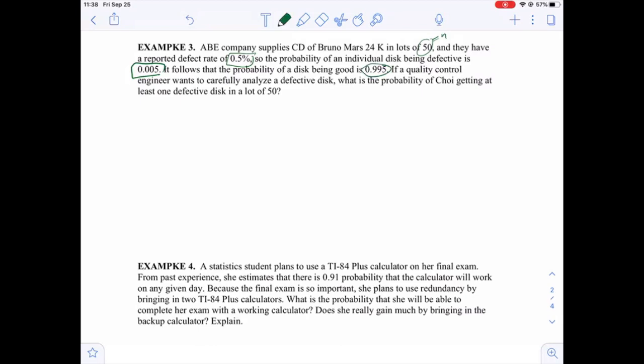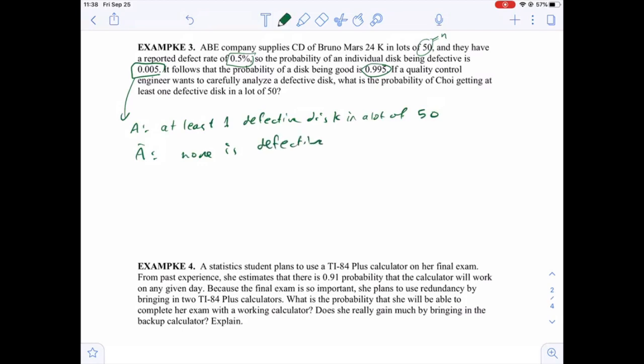Because this is the probability of A, if we want to define A first, A is at least one defective disk exists in a lot of 50 disks, and the complement is none is defective. So that means all the 50 disks are not defective, or good.